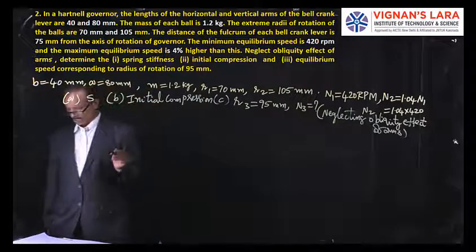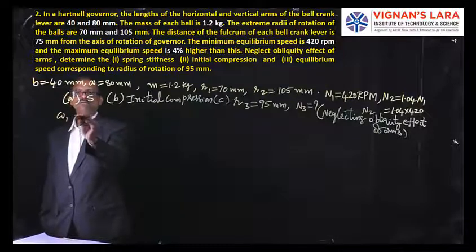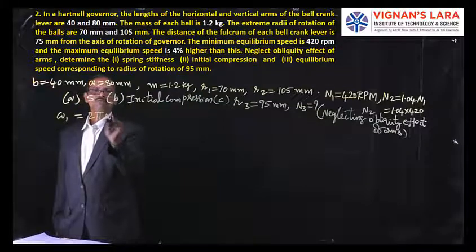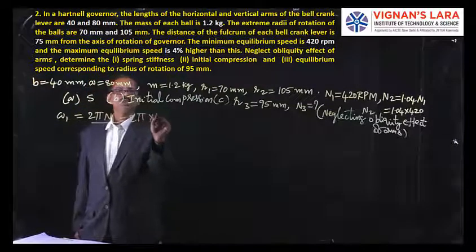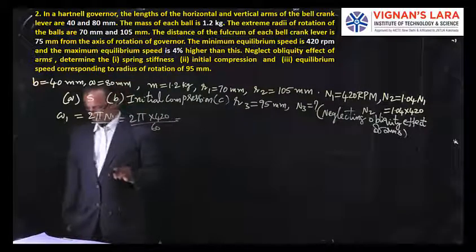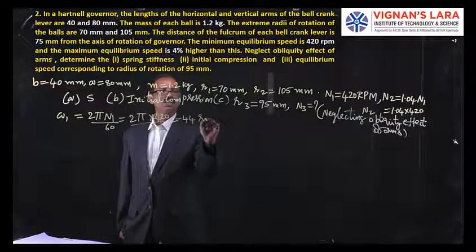So let me calculate first omega 1 and omega 2. So what is omega 1? 2 pi N1 by 60, that is 2 pi 420 by 60. So I will get 44 radians per second.